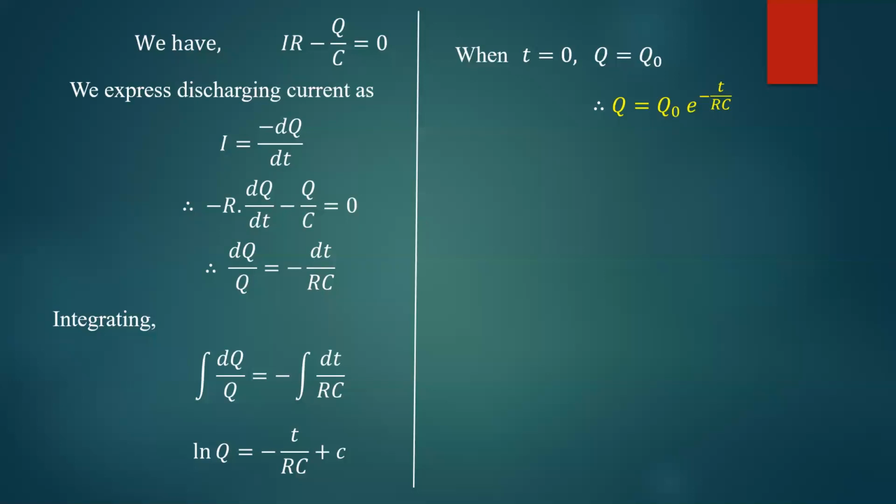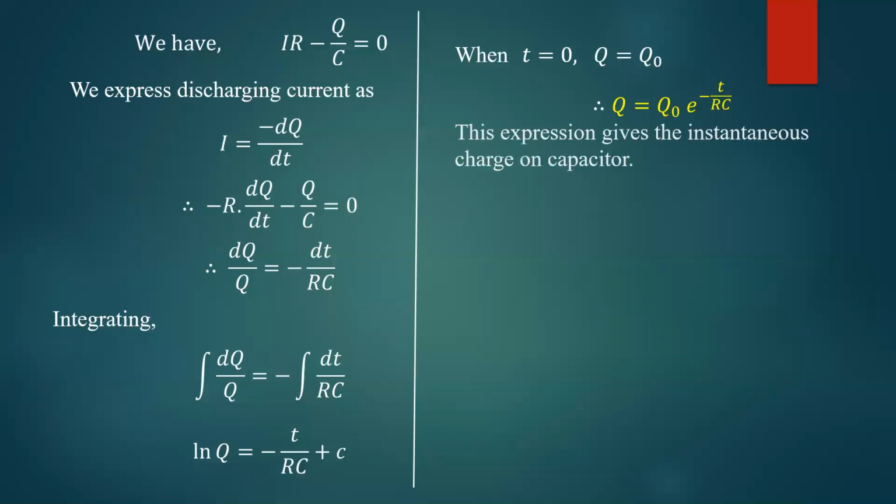I have included it in the notes. So finally, the instantaneous charge during discharging will be q equal to q naught into e to the power minus t by RC. Note the difference here. In the charging case, you had q is equal to q naught into 1 minus e to the power minus t by RC.